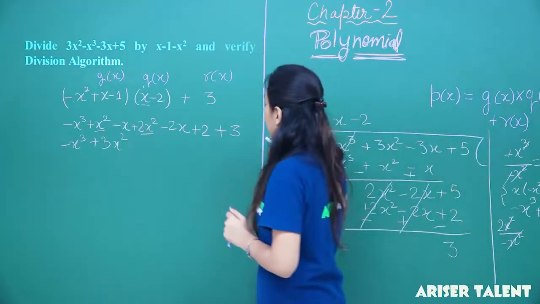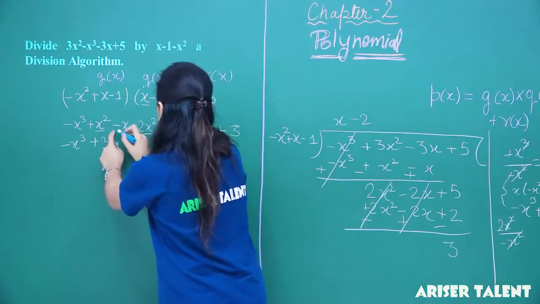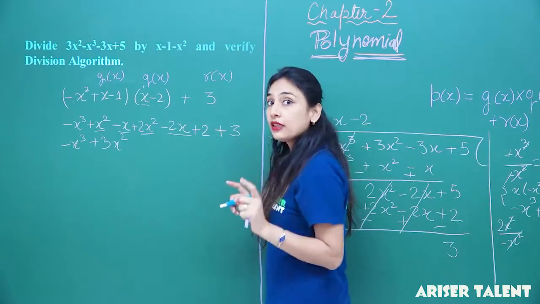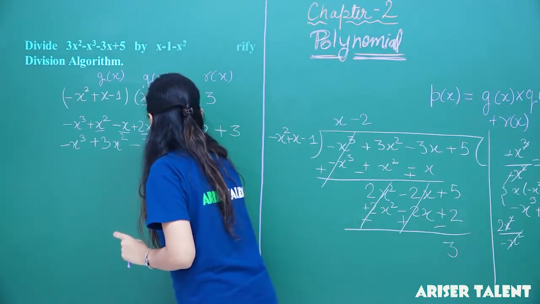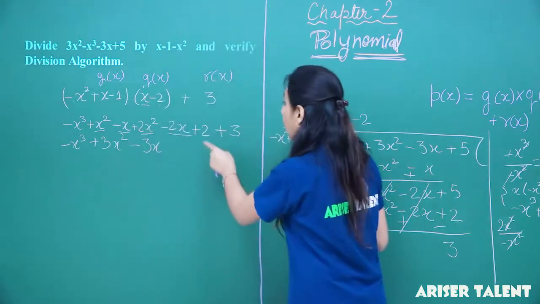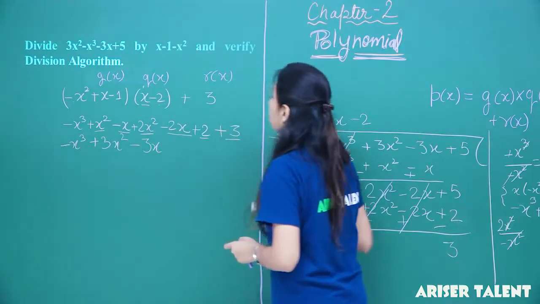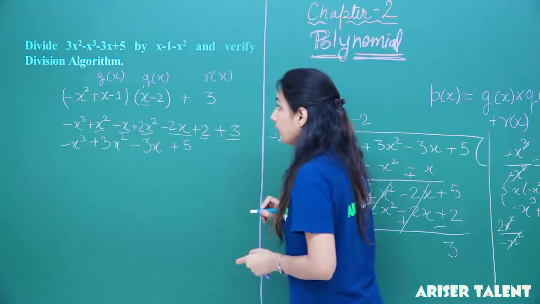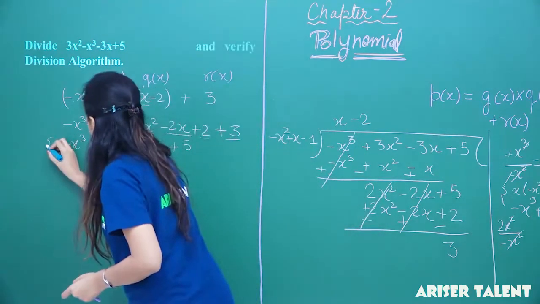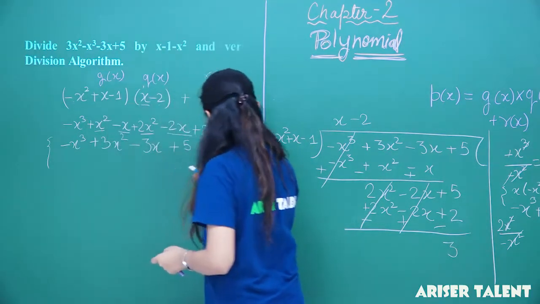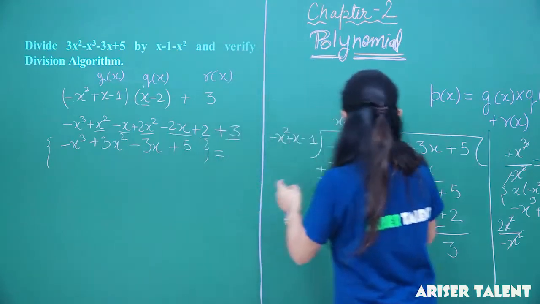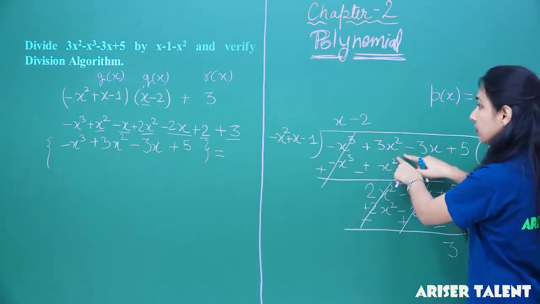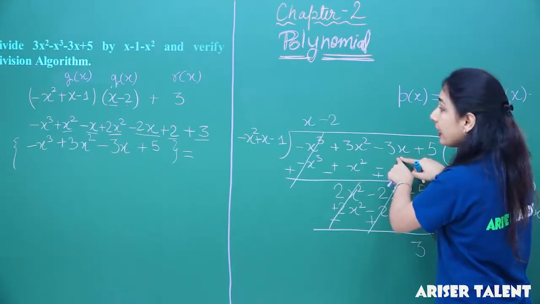Okay, it's going good. Now minus x and minus 2x will give you minus of 3x. So minus 3x here. Now 2 plus 3 is equal to 5. Now what is this term? This term is equal to minus x cube plus 3x square minus of 3x plus 5.